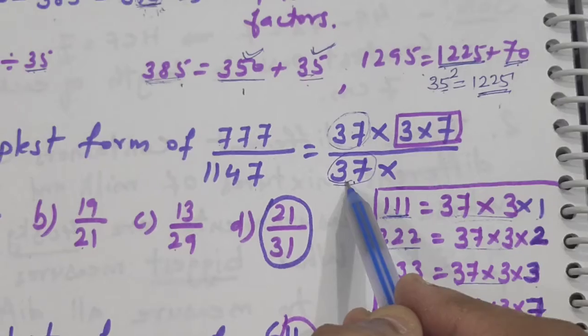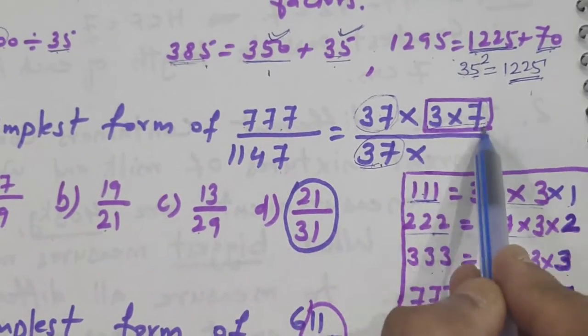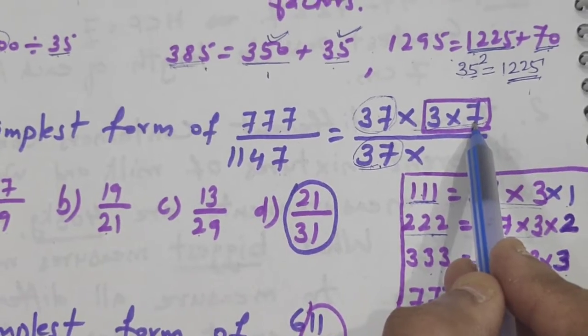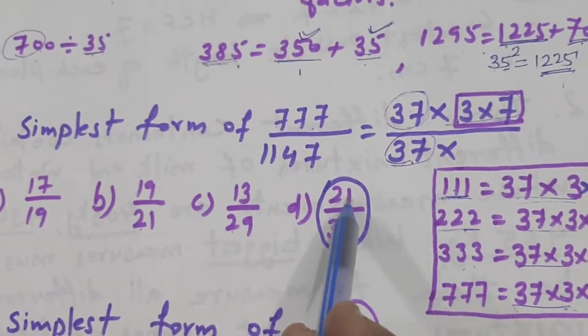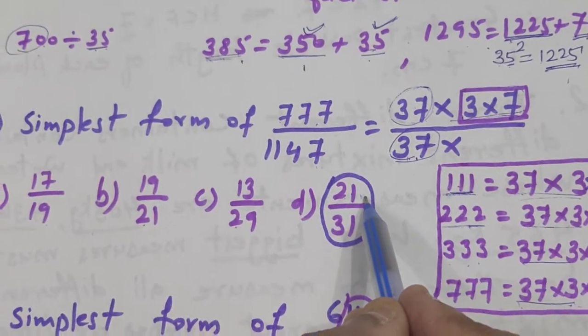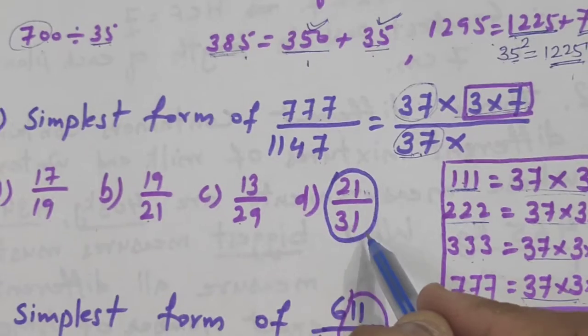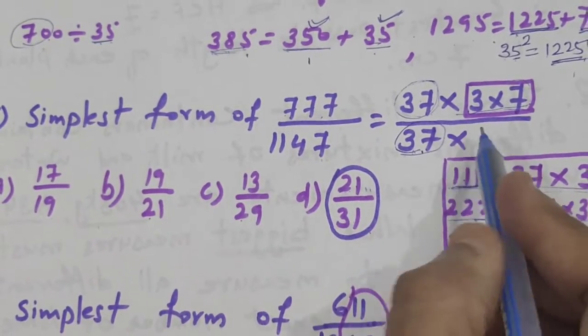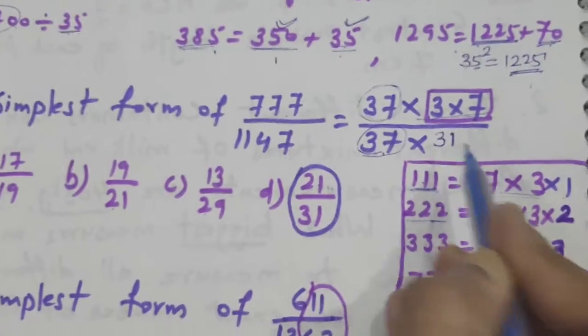So here also it might be 37. And in the numerator, I am left with 21. So here in the numerator, I can find 21 only at one place, and that is this option. So I have chosen this option, 21 upon 31. You can check by multiplying also. You will get 31 here only.